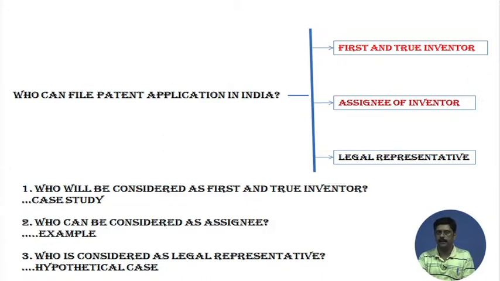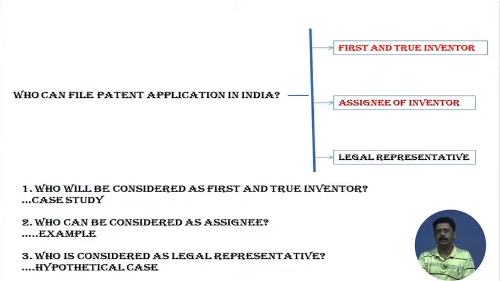In that case, the assignee will be the institute or organization where you are working, because their policy suggests that whatever you create during your course of employment or course of study, you have to assign to the institute, and the institute in return will provide some sort of reward or incentive. So, in that case, that institute will be your assignee. This is based on the employee-employer contract.